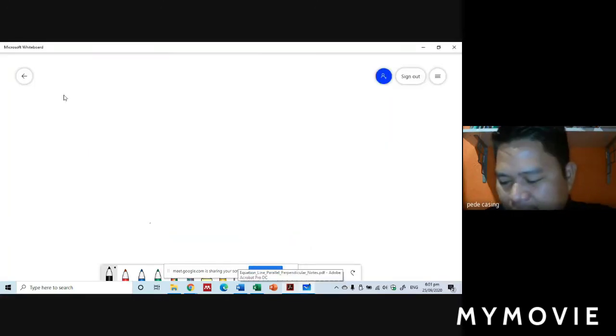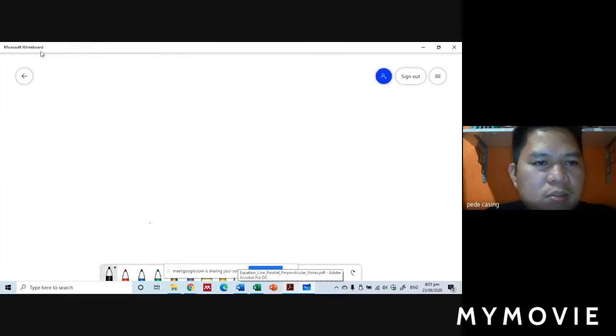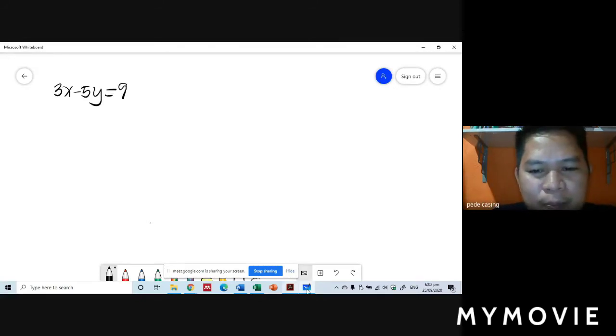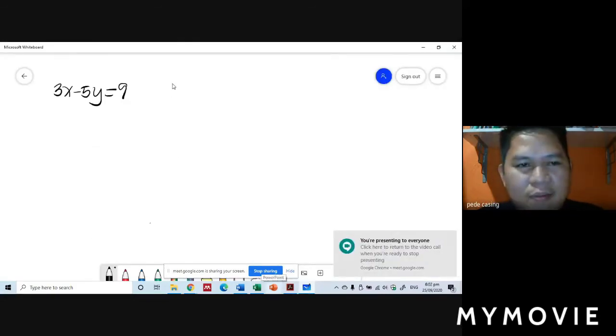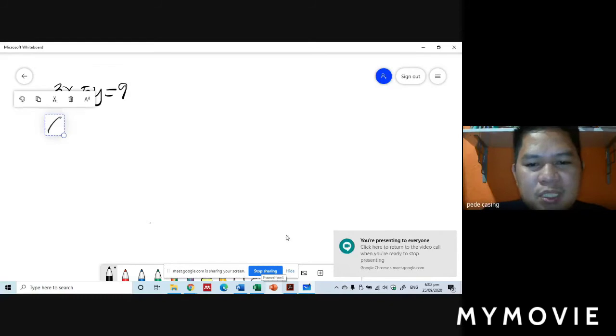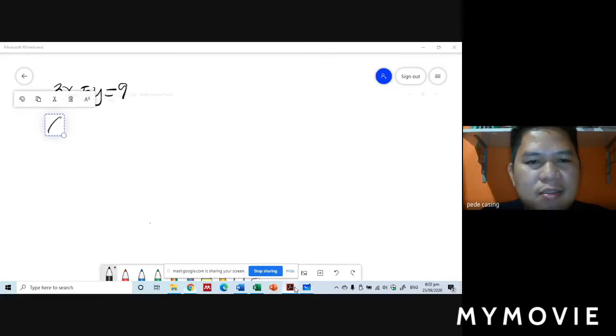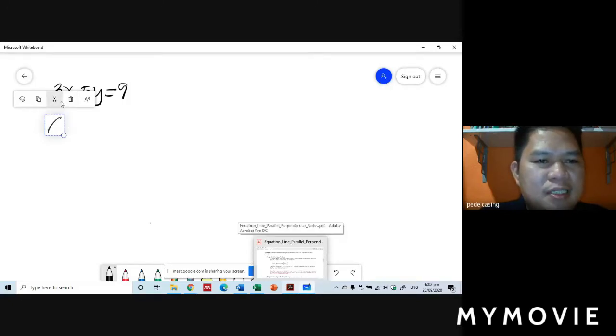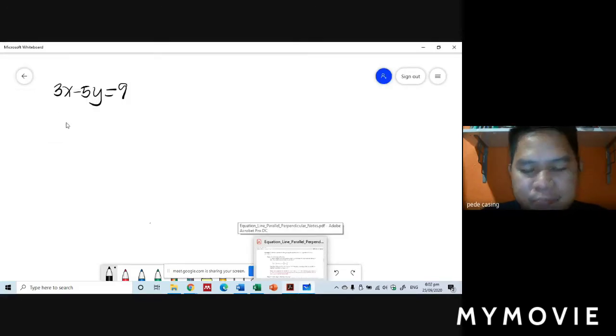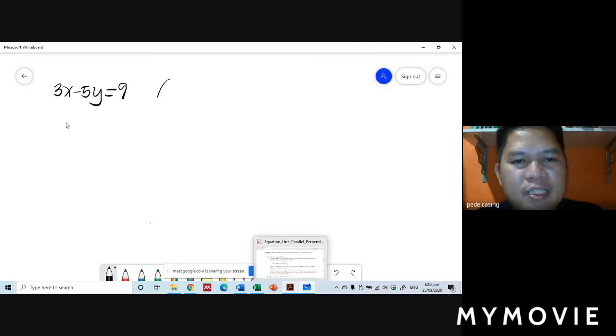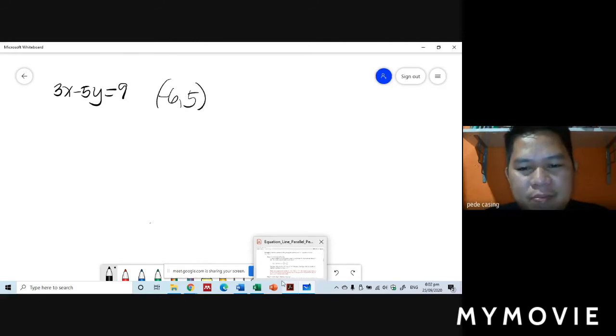Right? 3x minus 5y equals 9. That is the given in the problem. To locate first, the point given is negative 6, 5. The ordered pair is negative 6, 5.